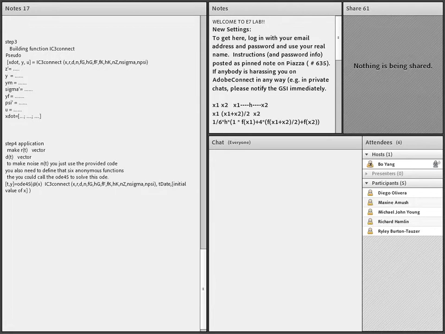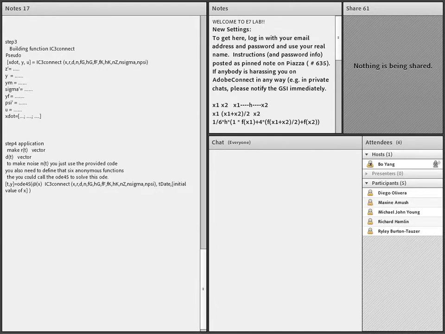Be careful here. This is how I call ODE45. And R, D, and N are vectors as input arguments.